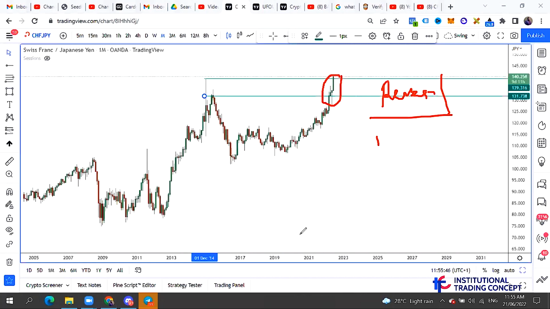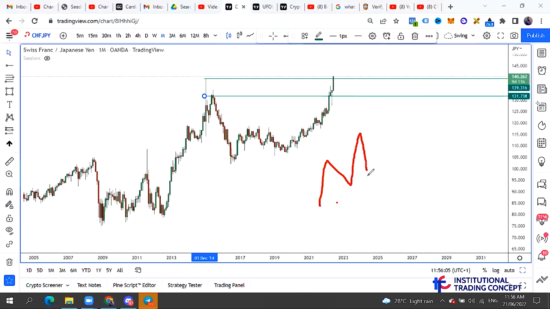Now, if it is a trend continuation, you want to see a lower low, a lower high, a lower low, a lower high, and you keep selling. Lower high, you sell. Lower high, you sell. Whenever it is creating a higher low and the market breaks this, then this becomes a reversal. So this is a reversal.